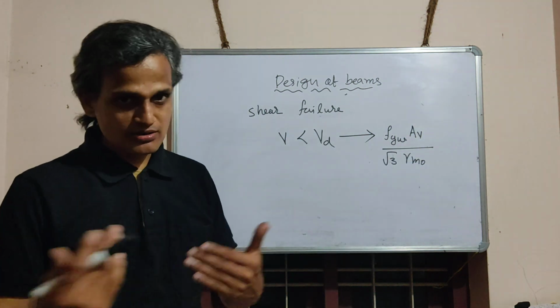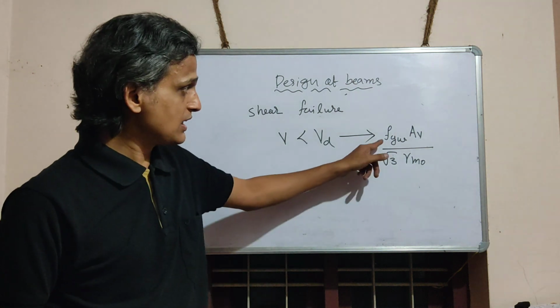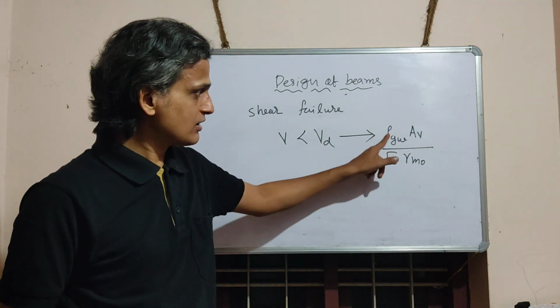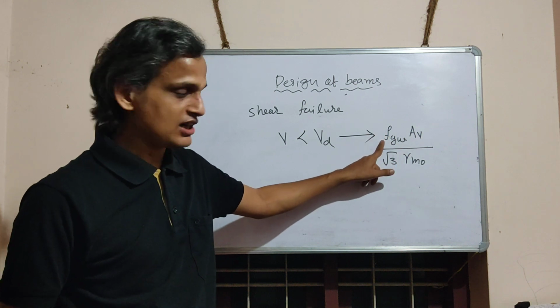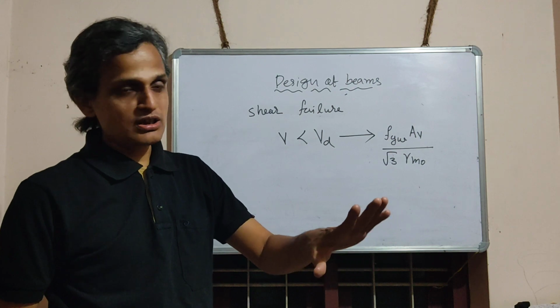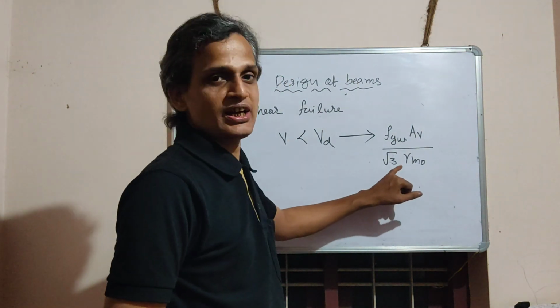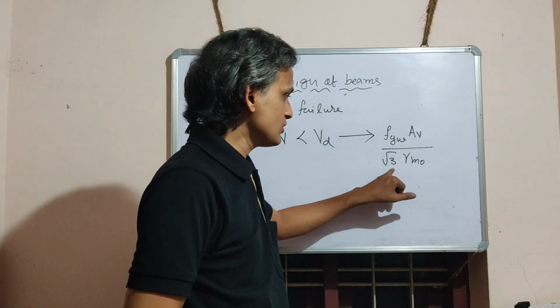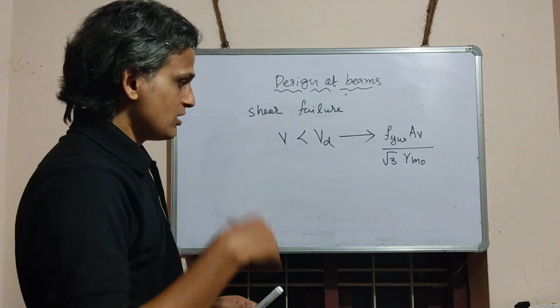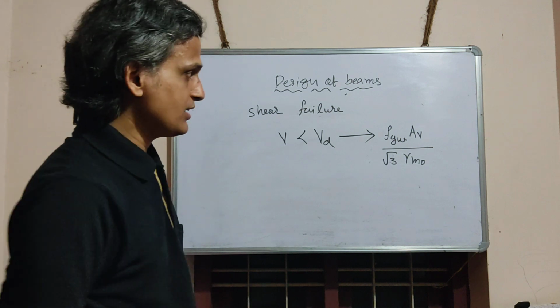Gamma m0 is, as I said earlier, always the accompanying term if the stress term is yield. And it is shear, that's why another term, root 3. That is the idea behind this equation.